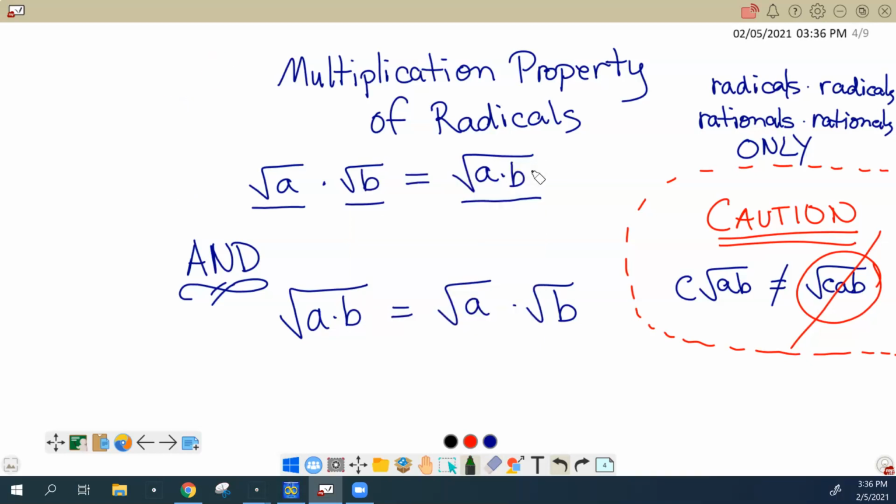And I would ask you to think back to the beginning of the year when we were combining rational and irrational numbers, and you had to answer a question on a test that said, what happens when you add, subtract, multiply, or divide rational numbers and irrational numbers together? And the answer always is you get an irrational number.